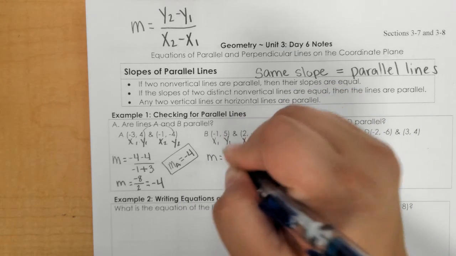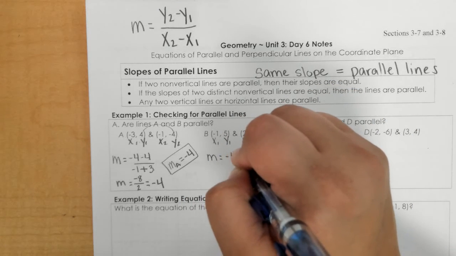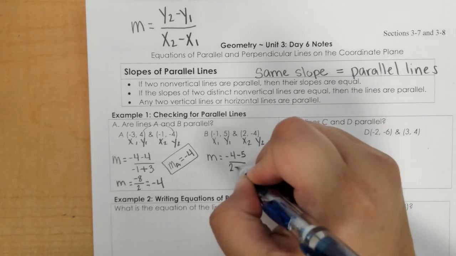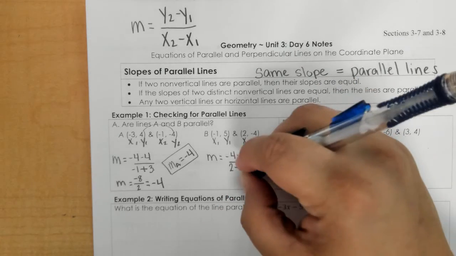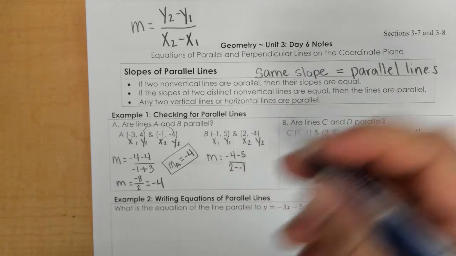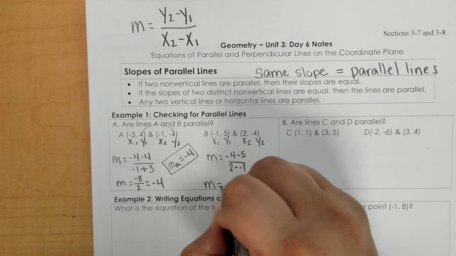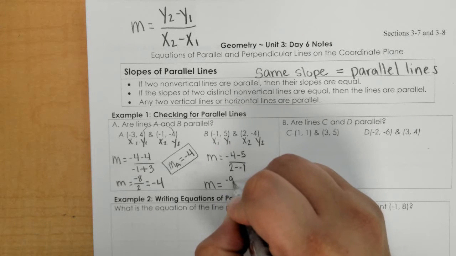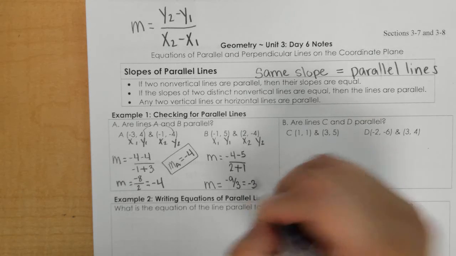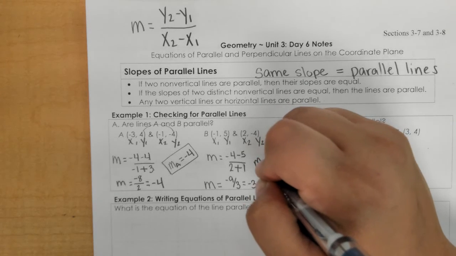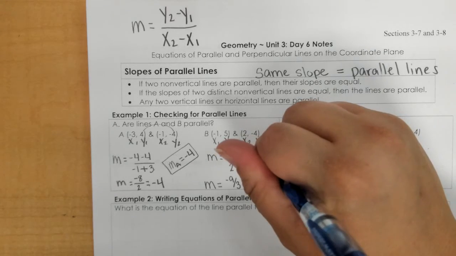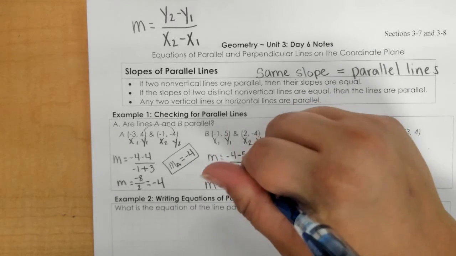So -4 minus 5, 2 minus a -1, and this gives us -9 over 3, which is -3. So we would say the slope of B, line B, equals -3.